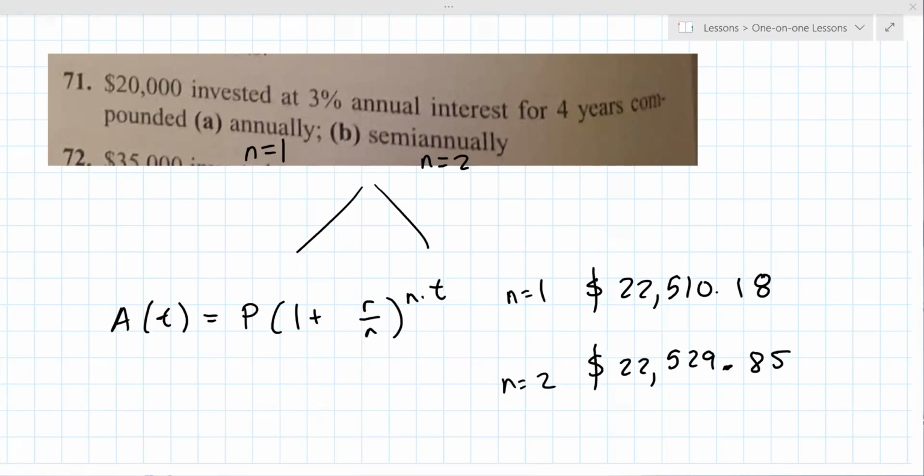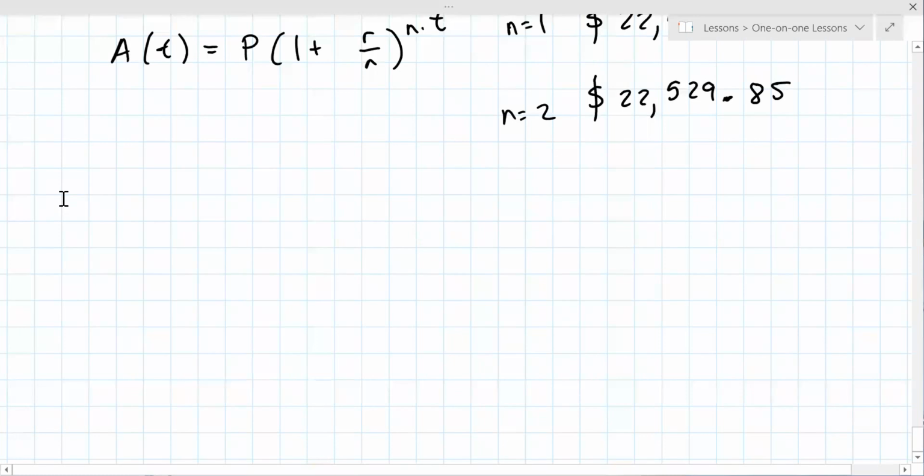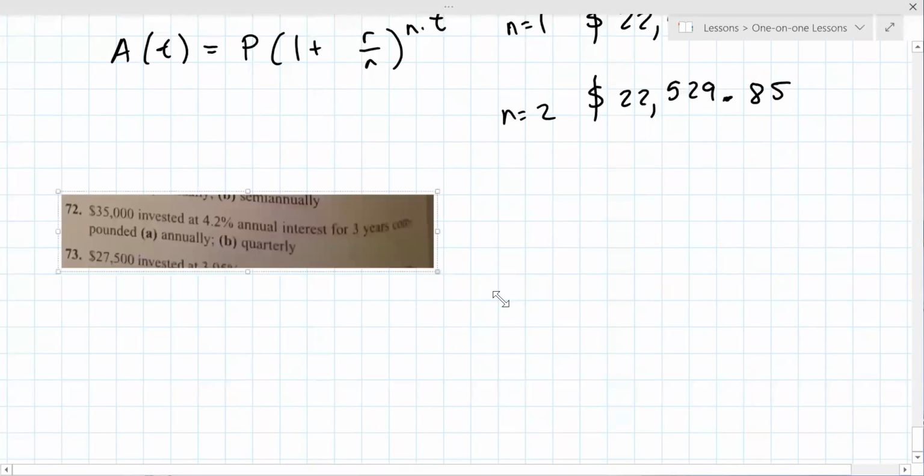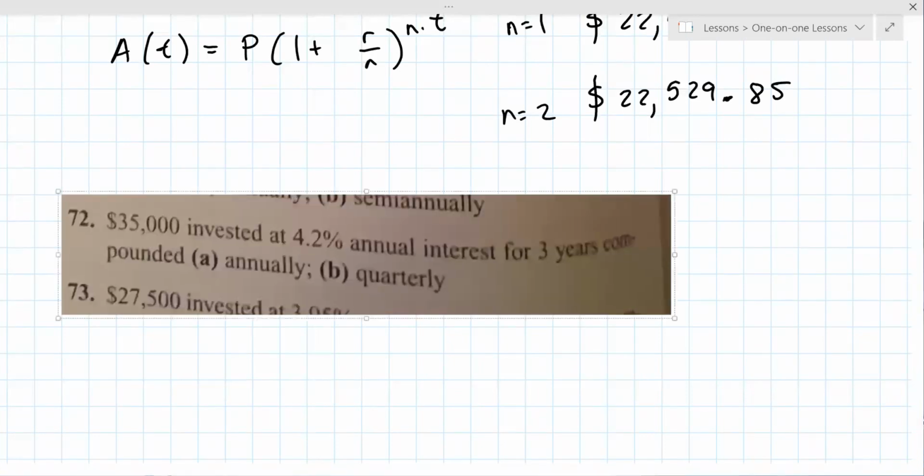All right, so 72 is the same type of question, just different numbers. It's not any harder. Quarterly means something different than what we've seen before. Quarterly is 4 times a year. It's the exact same formula. You're just plugging in the different values for the principal, the interest rate, and so on.